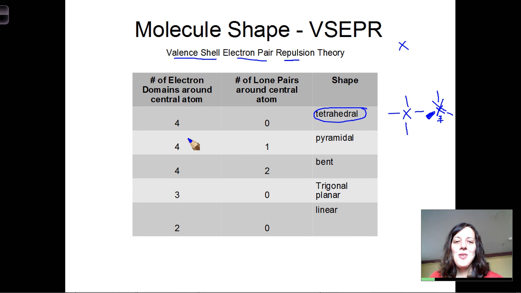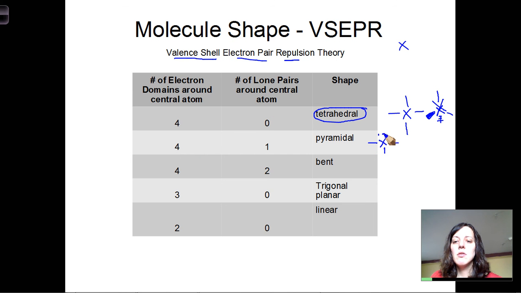Alright, so what this column looks like, where you'd end up with a pyramidal shape, you need 4 electron domains. So with our generic atom X, we need 1 lone pair, and you would have 3 bonds around the central atom. So electron domains, we have 4, because this lone pair counts as a pair of electrons around this atom.